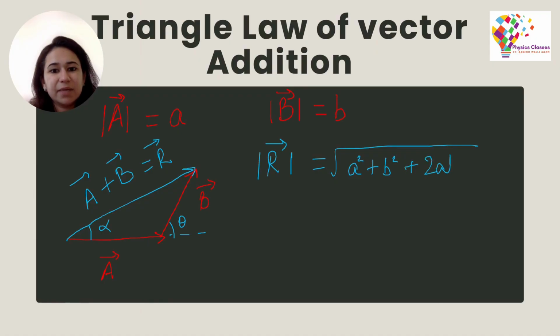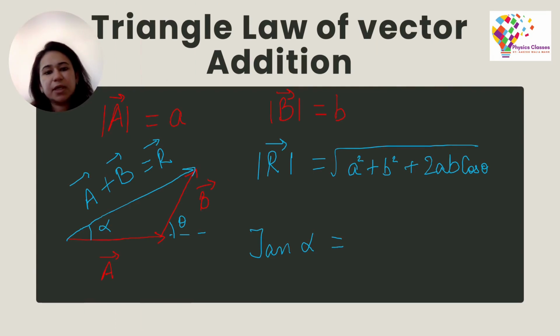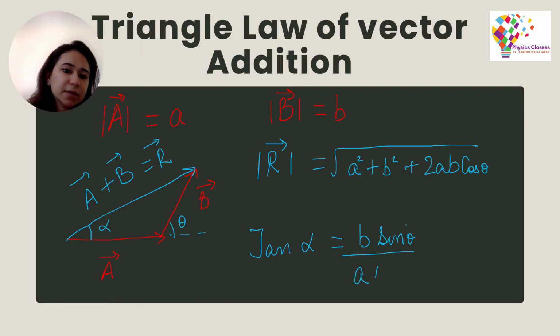Also, you should be able to find the direction of this resultant vector. If I represent it as alpha, then tan alpha would simply be equal to B sine theta upon A plus B cos theta.